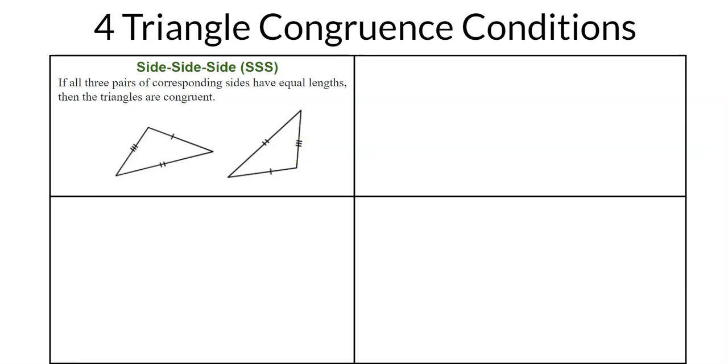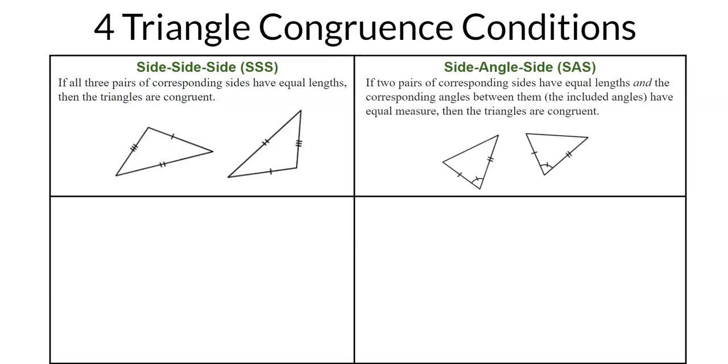The second condition is side, angle, side, where if 2 pairs of corresponding sides have equal lengths and the corresponding angles between them, the included angles, have equal measure, then the triangles are congruent. So we start with a side right here, and then we have an angle, and then we have a side. It has to flow continuously.